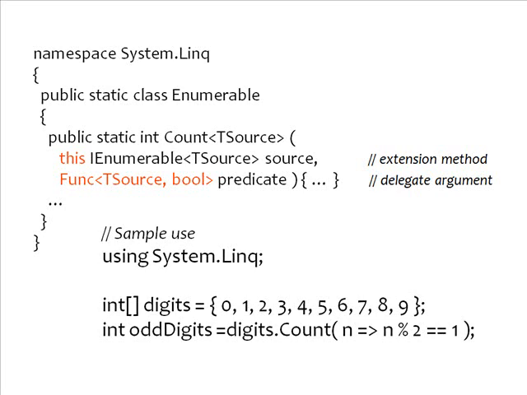So I'm going to count, and I'm going to map all the n's, all values of n, to n mod 2 equals 1. So I'm counting the odd digits. How many odd digits are there? And I hope we get the value 5, at least for the array that we put in.